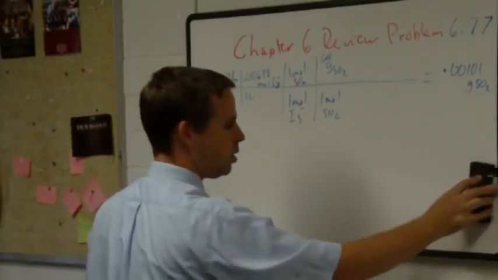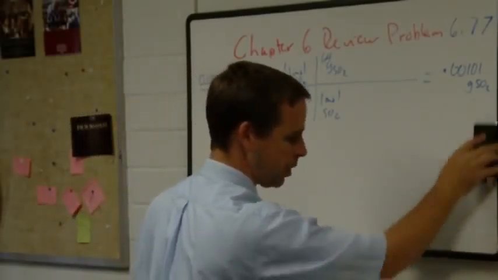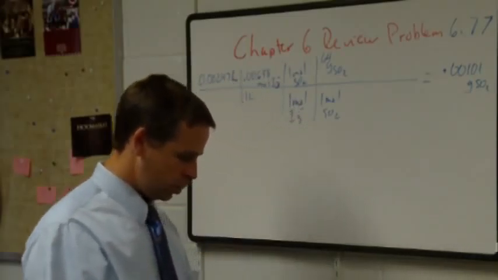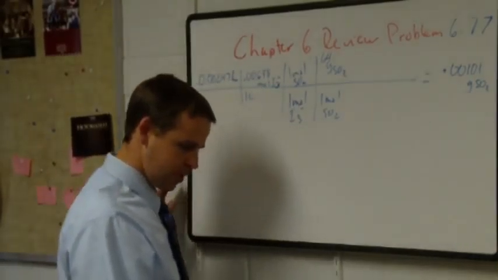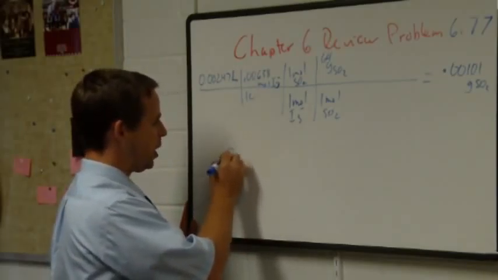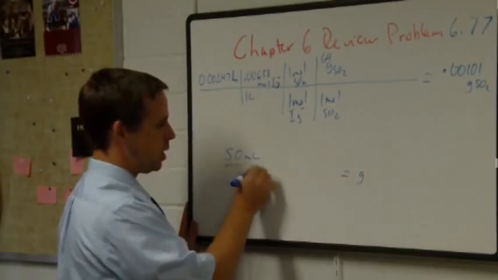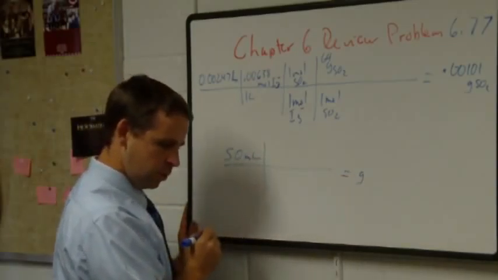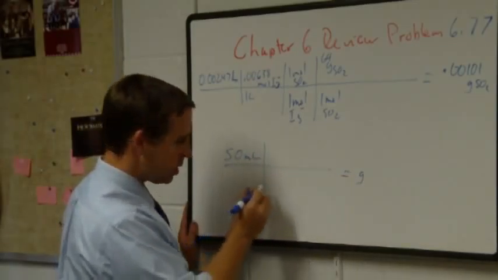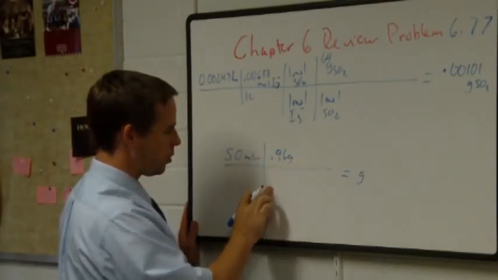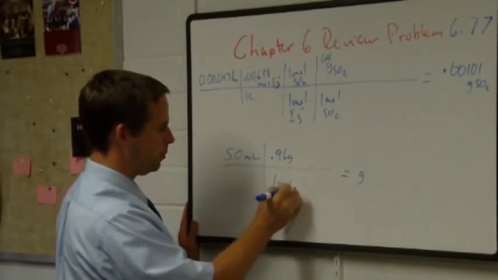In part C, we need to identify how many grams of sample there were. There were 50 milliliters of sample, and we want to know how many grams, and the density was 0.96 grams for every 1 milliliter.